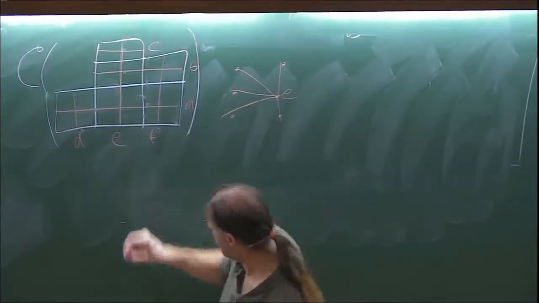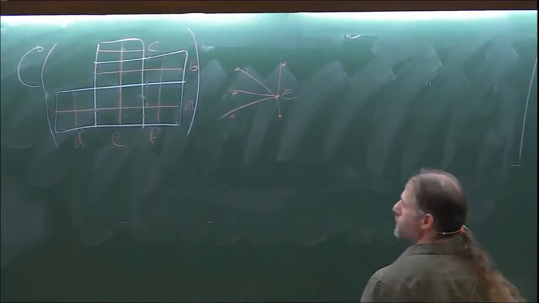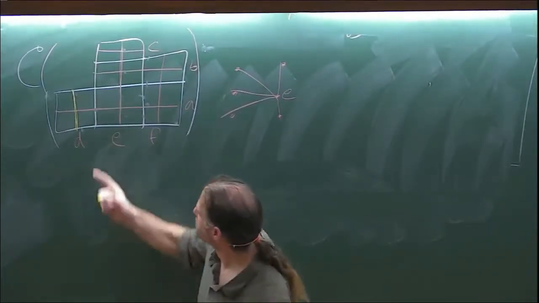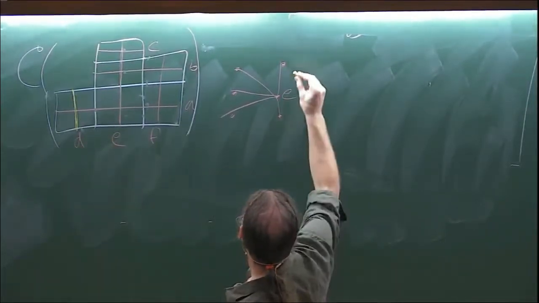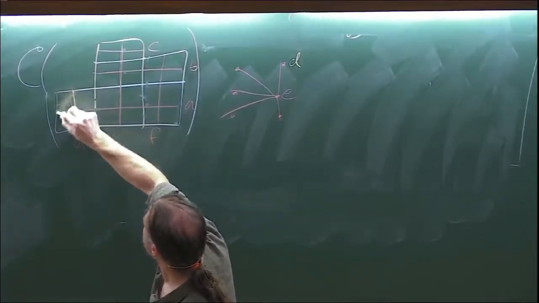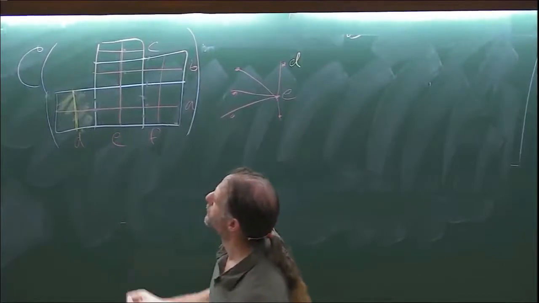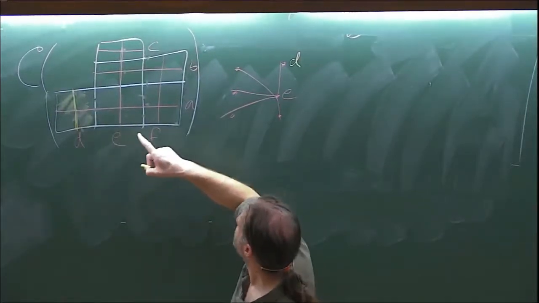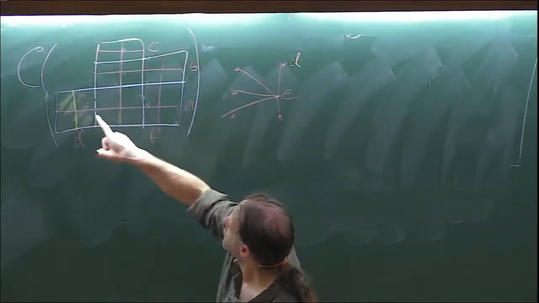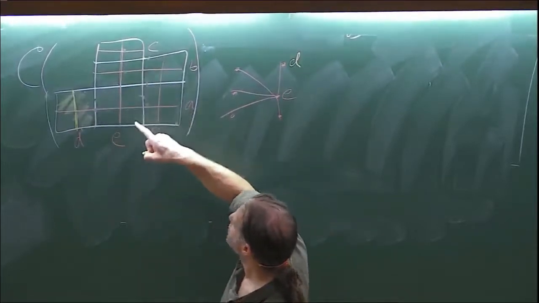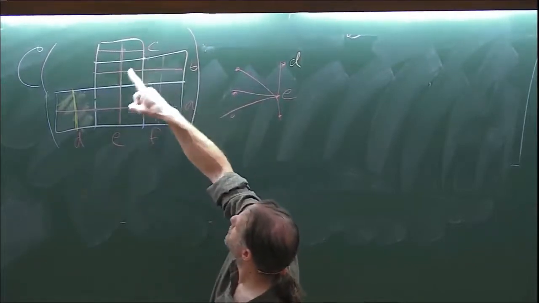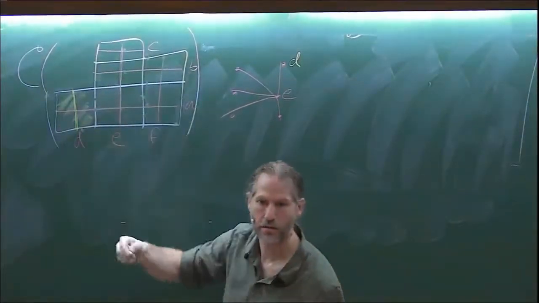Whereas if I took D, maybe this is D here, the carrier of D will be this square. Well, it's going to intersect the carrier of A, and it's going to intersect the carrier of E, but it doesn't intersect the carrier of F, and it doesn't intersect the carrier of C, but it does intersect the carrier of B. Does that make sense?